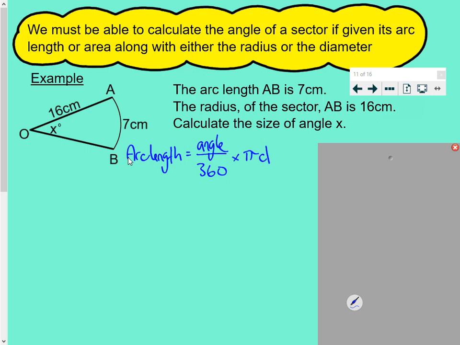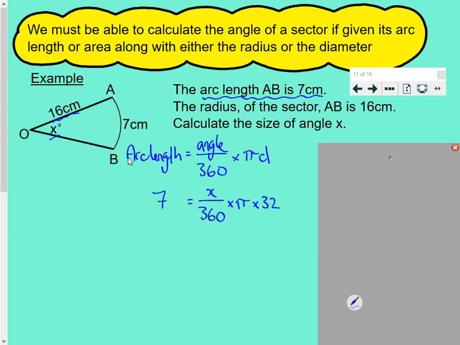Now, I can start to substitute in the values that I know. Well, I know that the arc length is 7 centimeters, so arc length I can change to 7. I know that the angle, they've called it x, so I'm going to call it x all over 360. I know that pi is just a value, so I can still call it pi, and I can work out what my diameter is going to be. That's a radius, so I work out the diameter, and it's going to be times by 32.